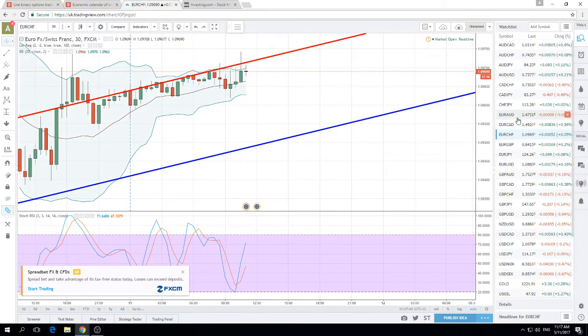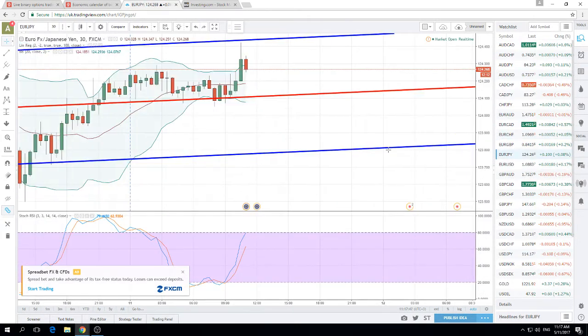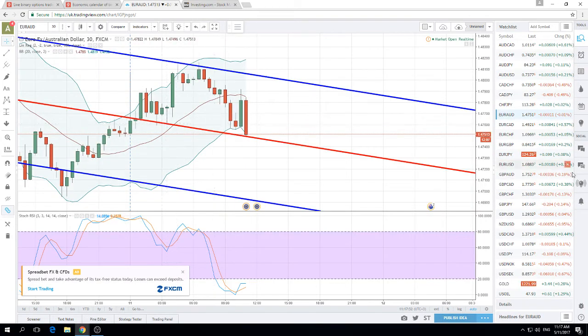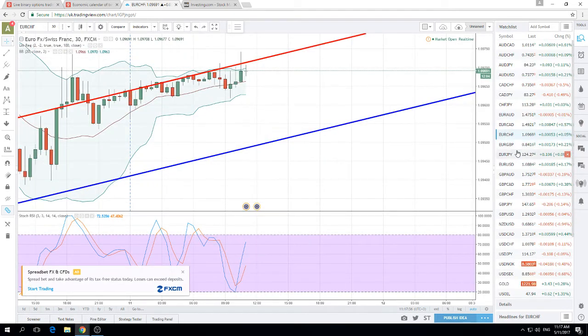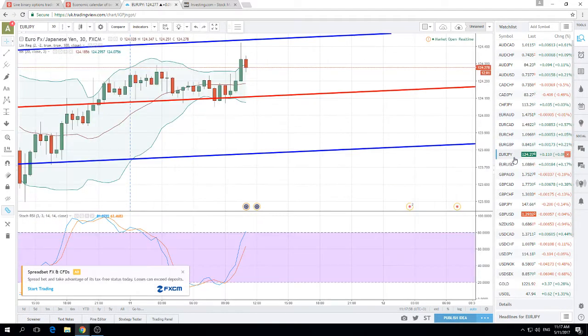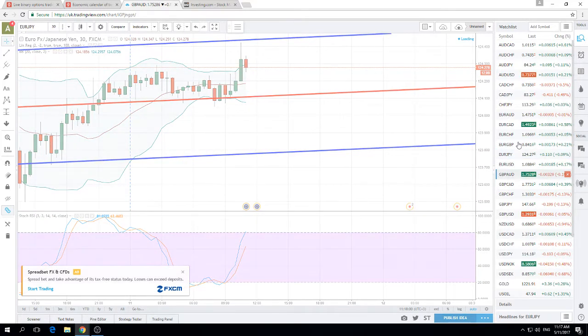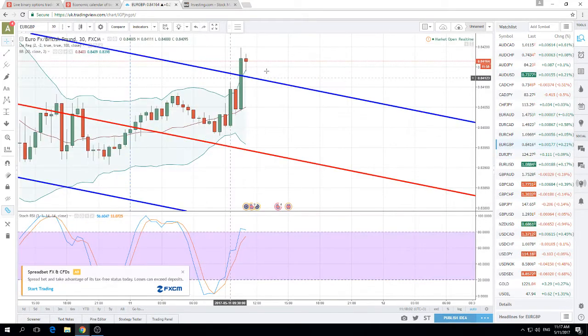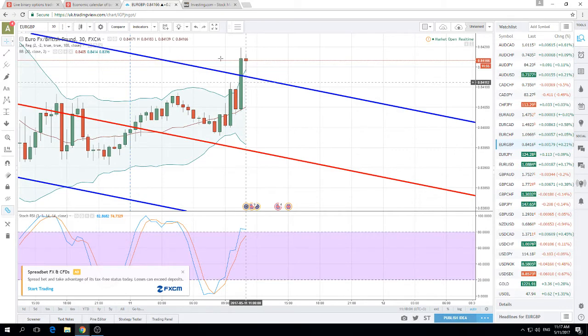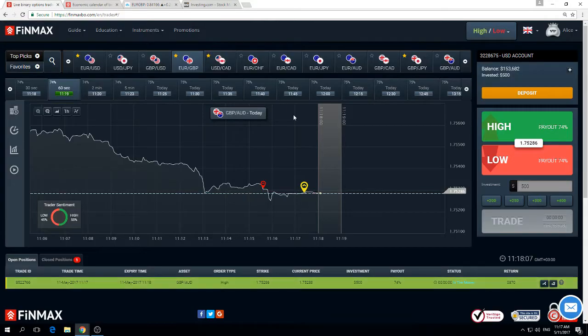Let's check euro and American dollar with other assets in order to see their own strength and what can be expected from them. Well, to the British pound, euro, it's also on its peak currently, so our trade expired in the money.